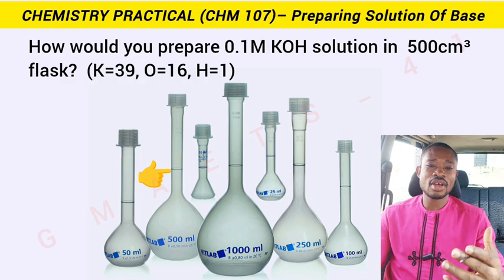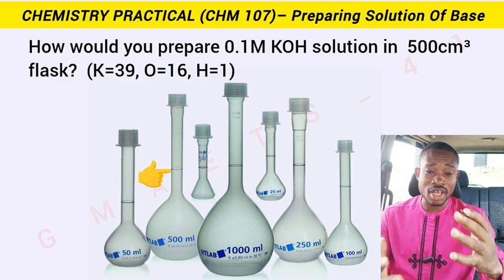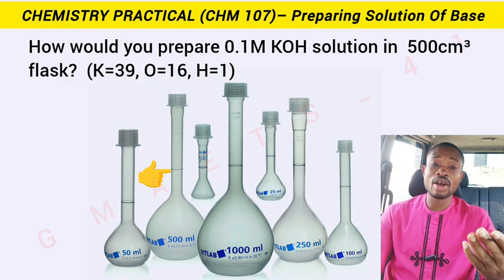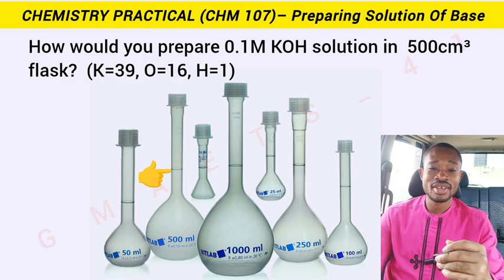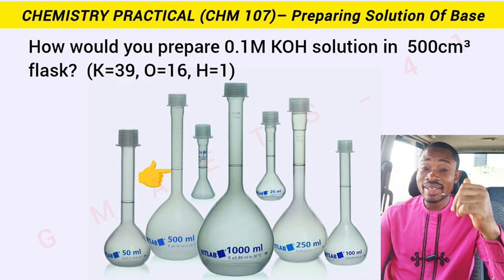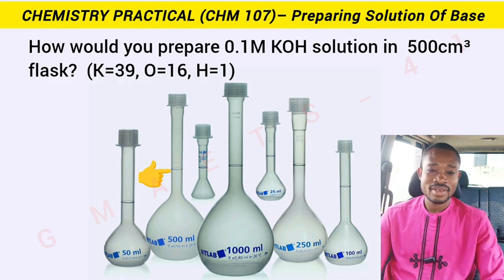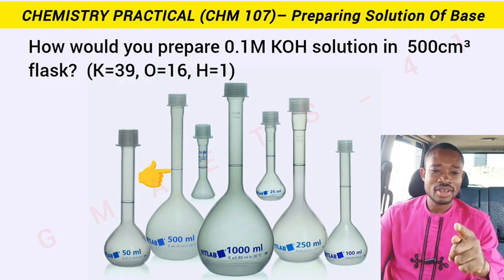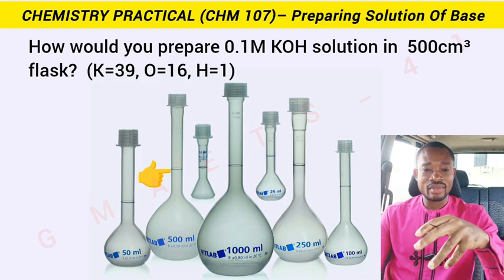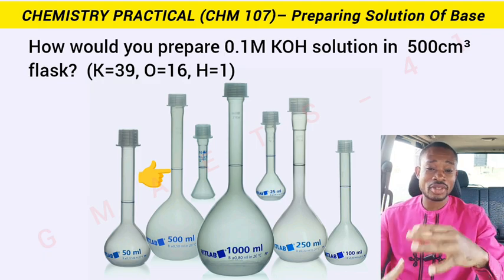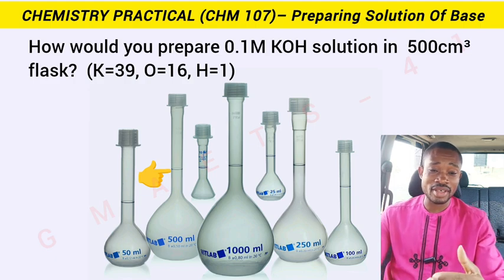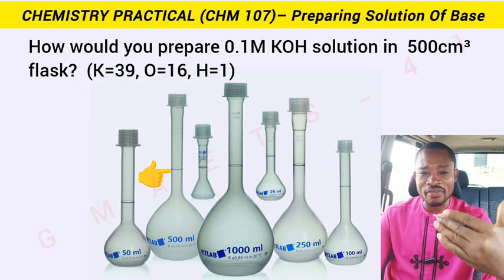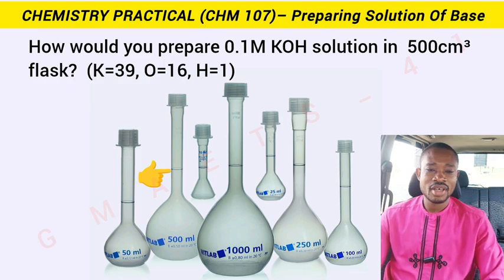Remember, you dissolved the 2.8 gram mass of potassium hydroxide in about 200 cubic centimeter distilled water in step 3. But you are meant to prepare this solution of potassium hydroxide, this solution of base, using a 500 cubic centimeter volumetric flask.